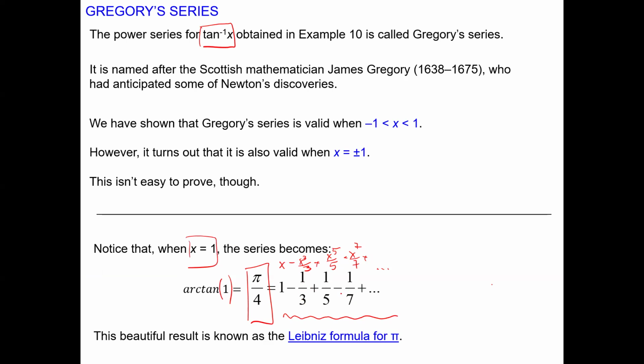If we multiply everything by 4, we get the formula for pi. That's another way to approximate pi, and it's called the Leibniz formula for pi. The Gregory series is named after one of the Scottish mathematicians who worked on this discovery.